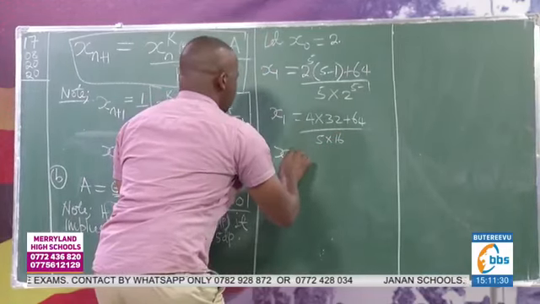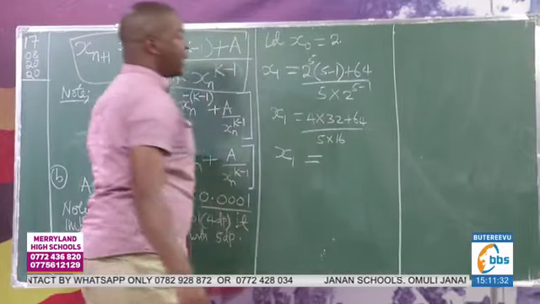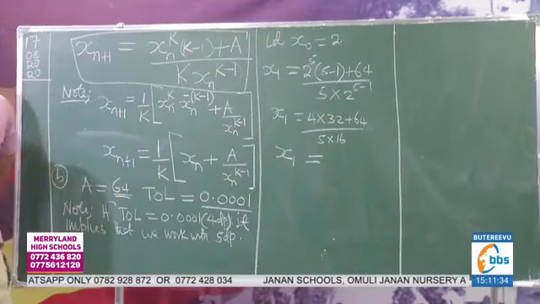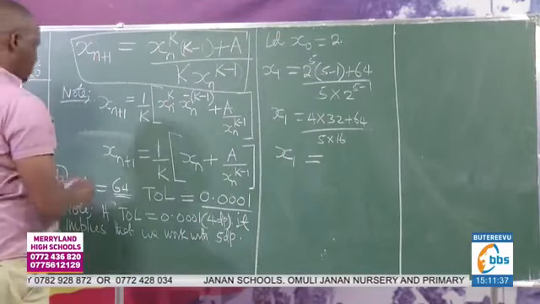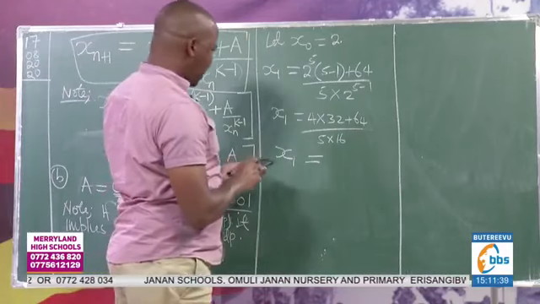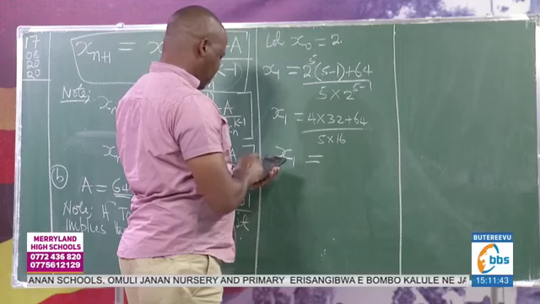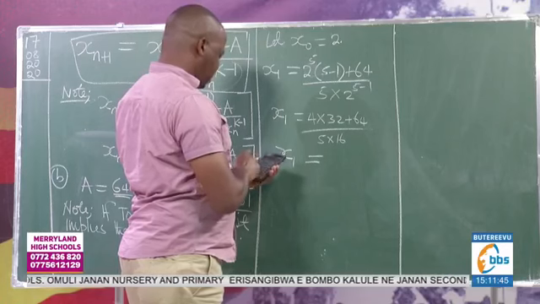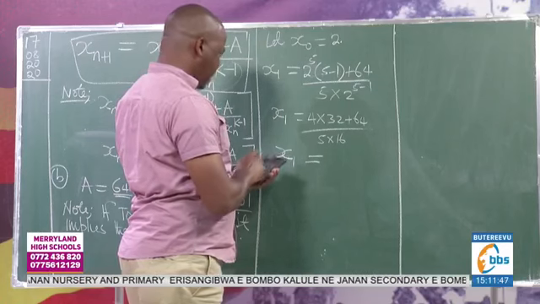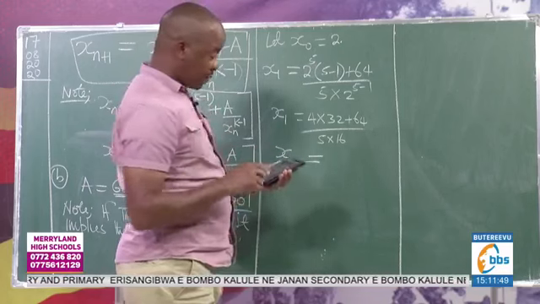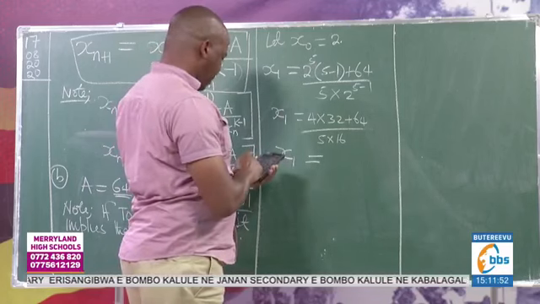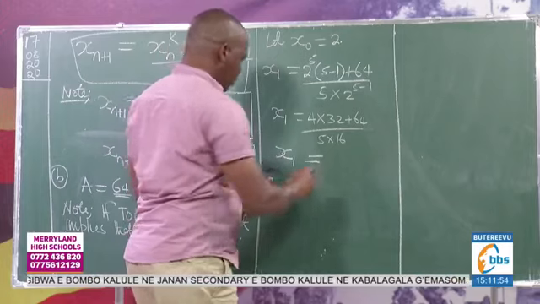If you compute with your calculators, you will have a value I pre-computed already, but for this one we can work through together. 32 times 4 plus 64 all divided by 16 times 5, which is 80, will give you a value of 2.4.